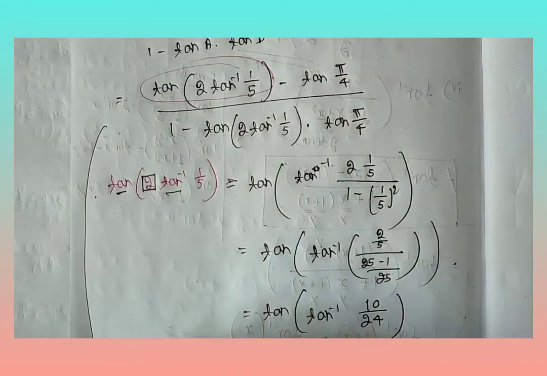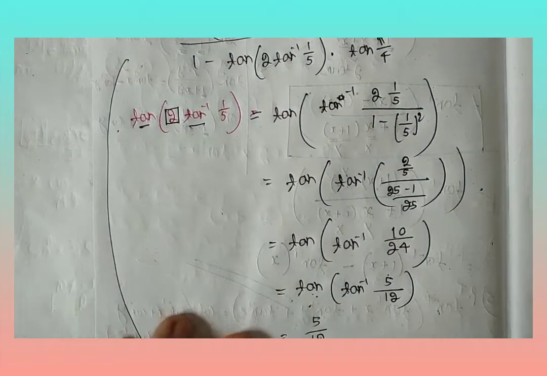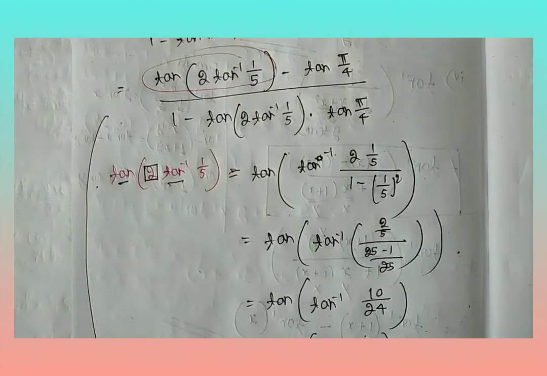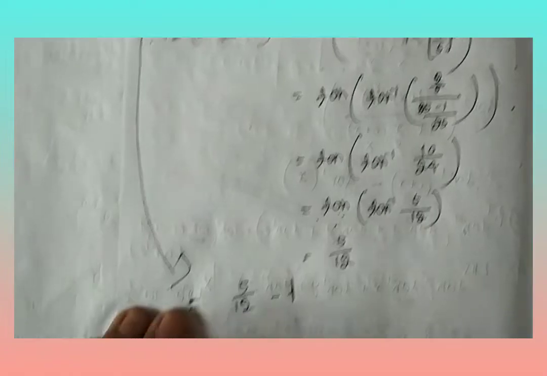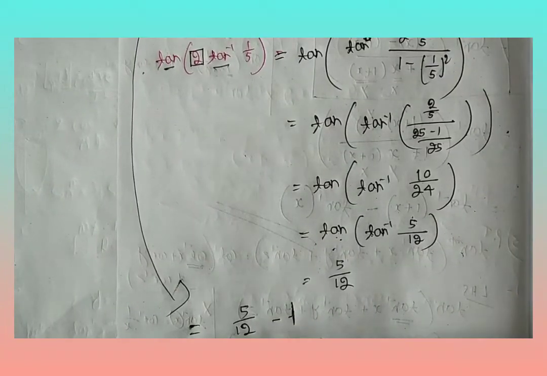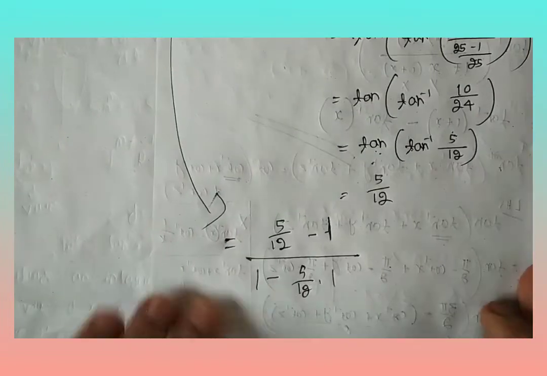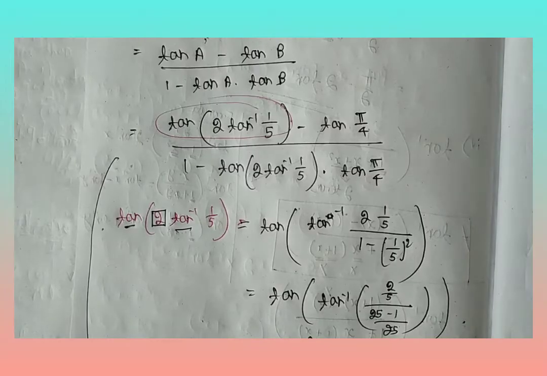Now we can put it here. This is equal to, this is 5 by 12. This is 1. 5 by 12 minus 1 divided by 1 minus 5 by 12 times 1. Now again simplify it, you will get your result.